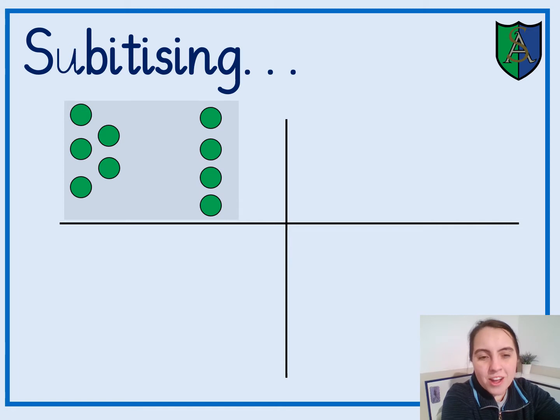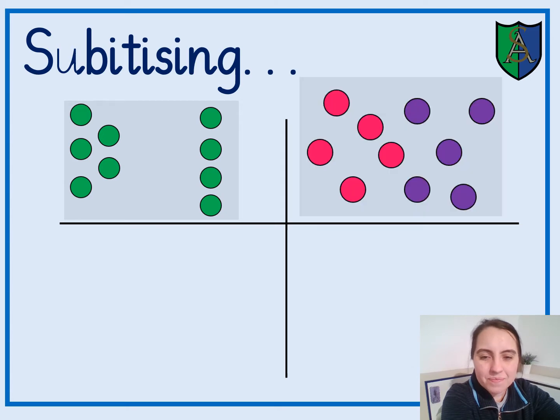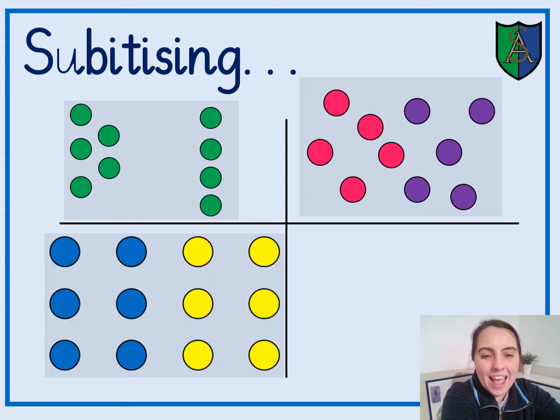In the first one, we could see there was a group of 5 and a group of 4, which we know equals 9. In the second, there were 2 groups of 5, which obviously is 10. In the third one, we've got 2 groups of 6. We've got 1 group of blue 6 and 1 group of yellow 6. So 6 and 6 is 12, or double 6 is 12.